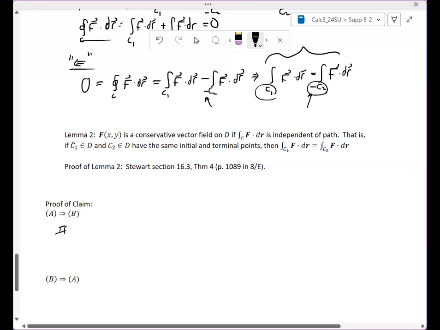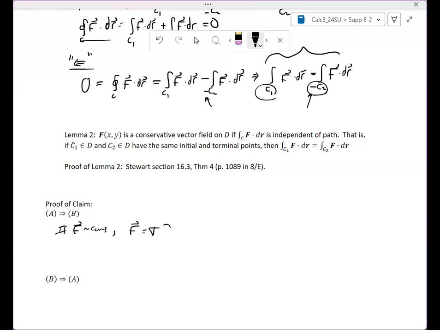So if F is conservative, then F equals grad little f for some little f. But big F is P comma Q, and grad little f is fx comma fy. So this says that P equals fx and Q equals fy.